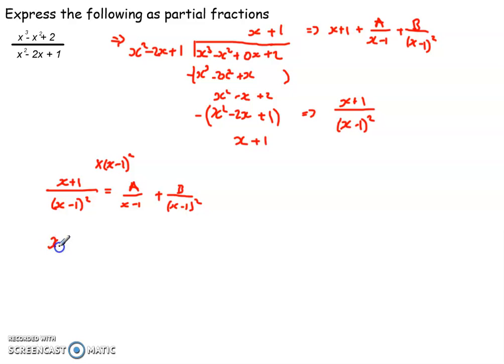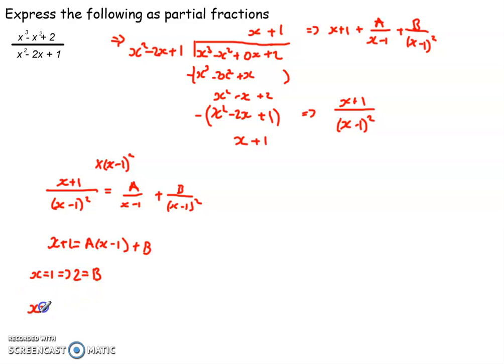What I then get is x plus 1 equals a bracket x minus 1 plus b. So I need to put in values for x to find my a and my b. Easiest one to start with to eliminate a is if I pick x equal to 1. What I then get is a 2 on this side. A's disappear, and that equals b. So I know my b is equal to 2.